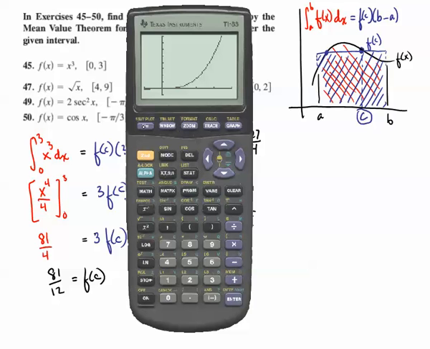Now I know that there is a height of a rectangle that happens to be at 81 over 4. So I'm going to put in another function, 81 over 4. That's just a straight line, or 20.25.